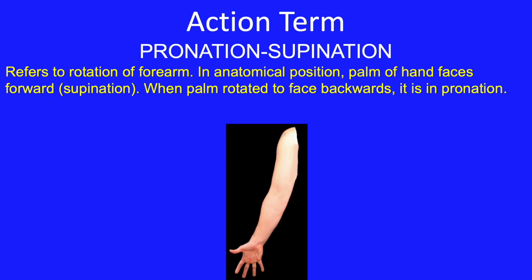And here's the example in images. The hand in the anatomical position, supine, is being moved into the prone position and then back again into the supine position. The last action term to mention is circumduction.